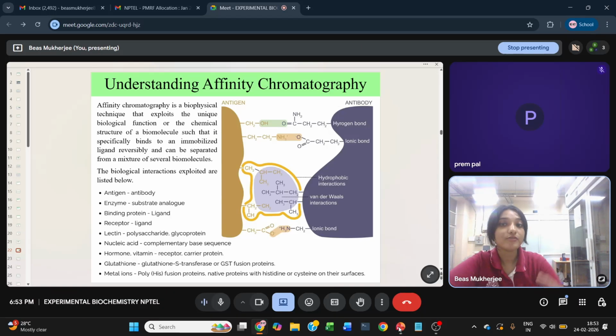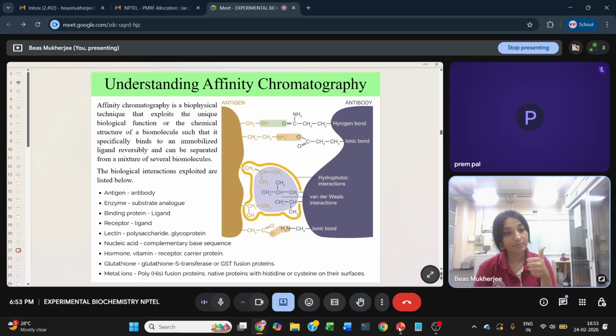Right. Now we will try to understand something even more interesting, and that is called affinity chromatography. Here we are seeing one antigen and one antibody interacting. They interact by very specific interactions.